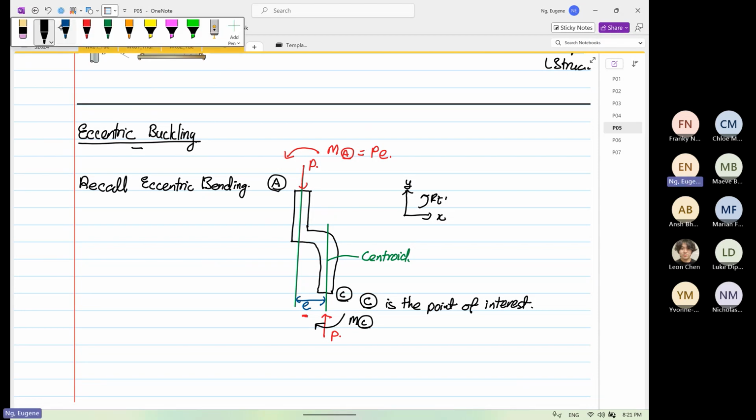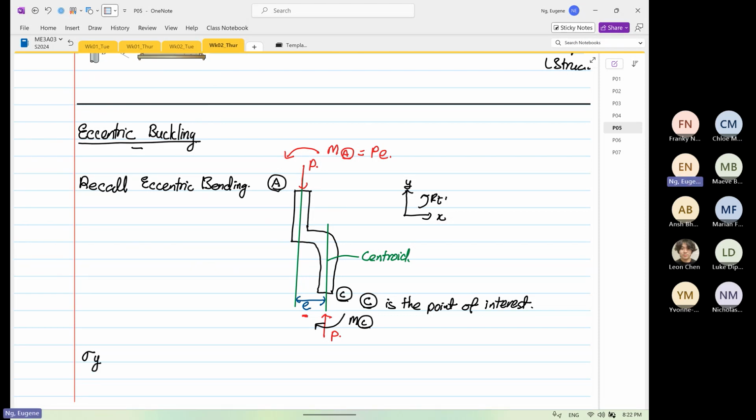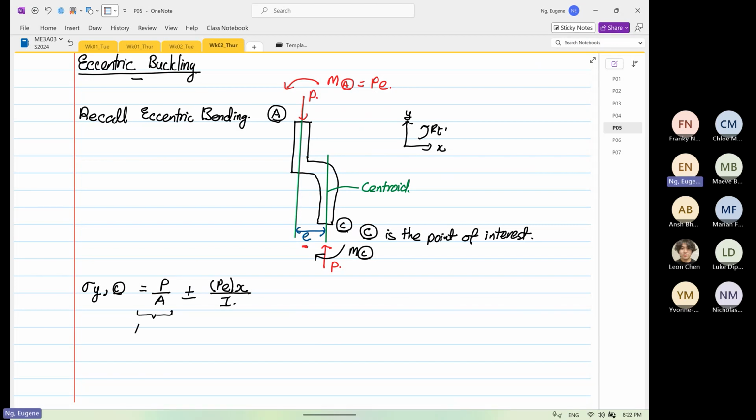So that is why at point C, the normal stress in the y direction at point C is equal to P divided by A, plus minus PE multiplied by distance X divided by I. So for this case, this is due to what we call axial loading.